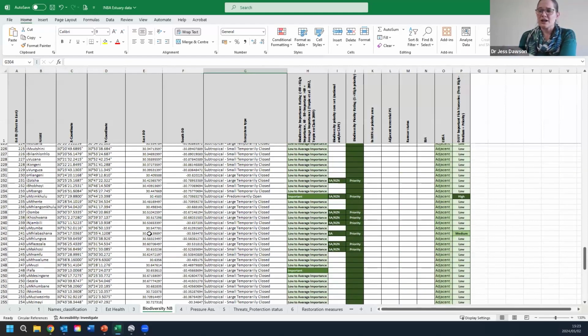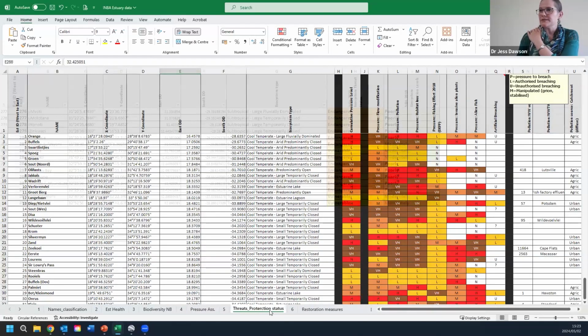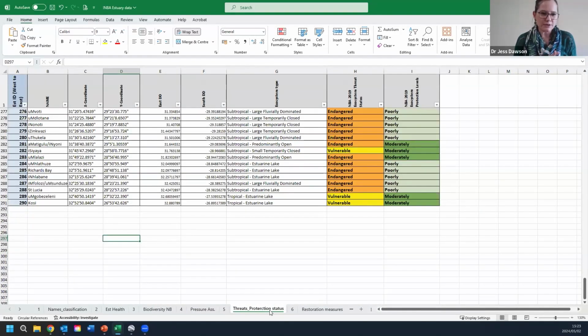It then has a section on the importance of the estuary: its importance as a fishing nursery area, its importance for biodiversity for the country or for a region, as well as how close it is to any protected areas and things like that. It gives you an assessment of the pressures in the estuary. Like the IUCN, I don't know if you've heard of how they rate different species as vulnerable, at risk or endangered.